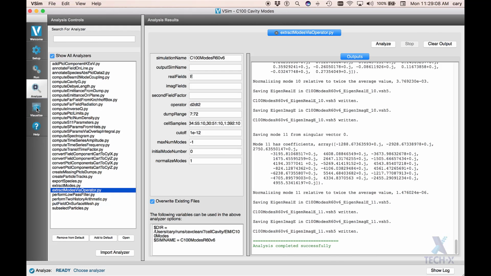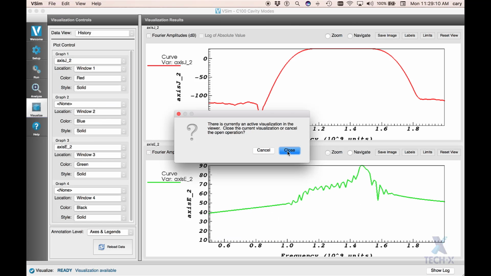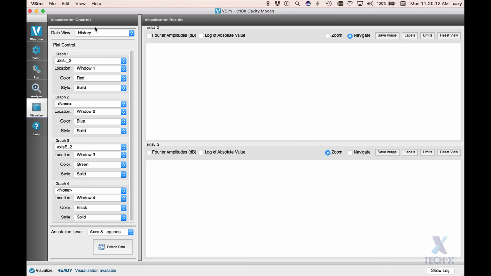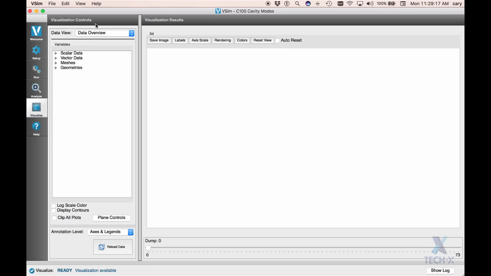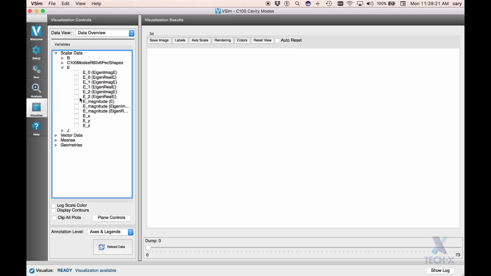So we go to the Visualization tab, we reload the data, and now we switch to Data Overview. We look at E, and we look at E2 of the eigenmode. To see the eigenmode, we're going to want to clip the plot and look through the middle.